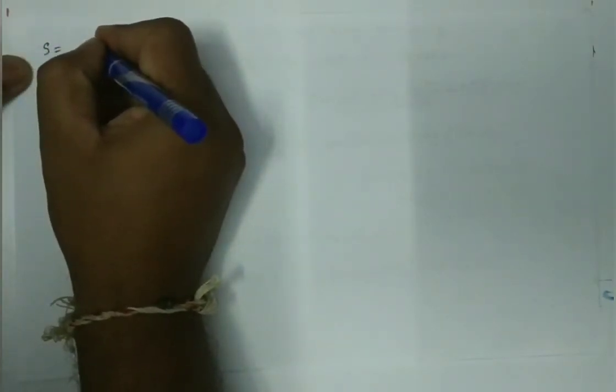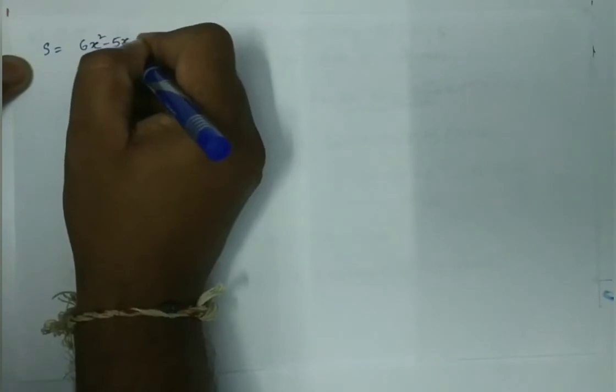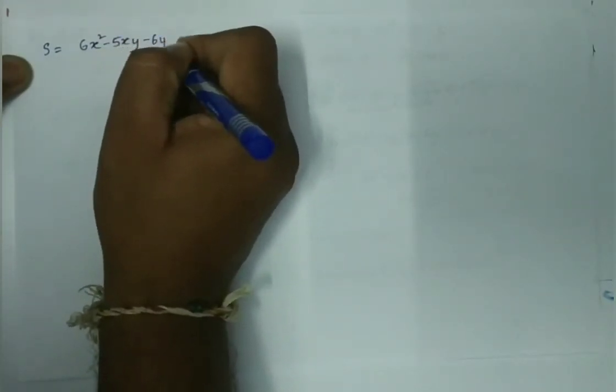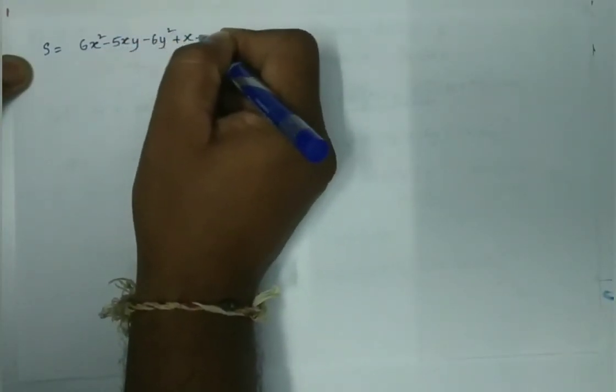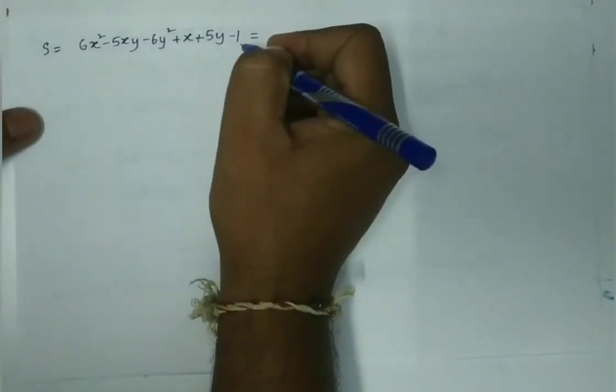Therefore S is equal to 6x² − 5xy − 6y² + x + 5y − 1. Let us multiply these two equations.